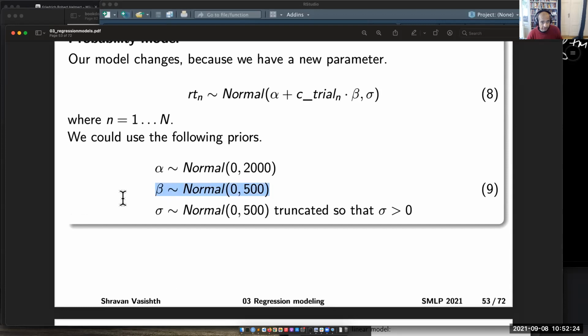I've decided on a very vague prior for the beta parameter. What does the beta parameter represent? It represents the predicted increase or decrease in reaction time when you go from the average trial ID to trial ID plus 1. That's what it tells me now.